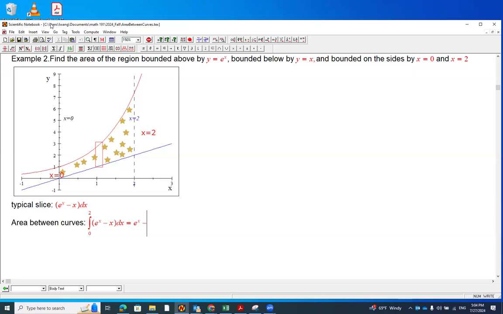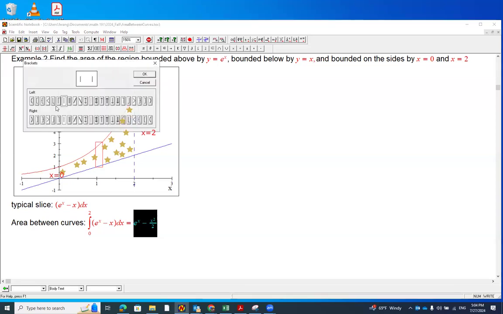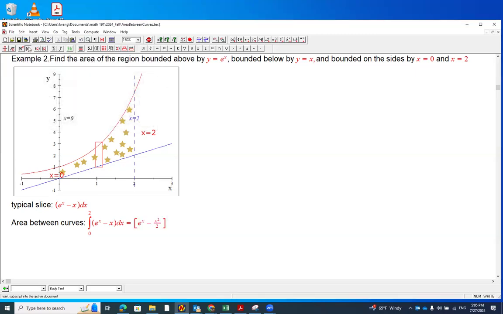And the antiderivative of x is x squared over 2. And evaluate at 0 and 2. Okay, continue.